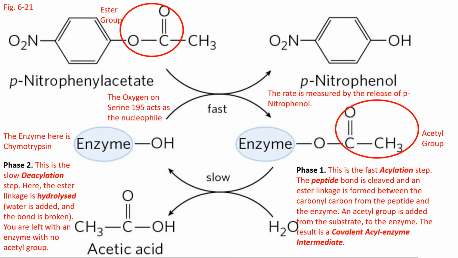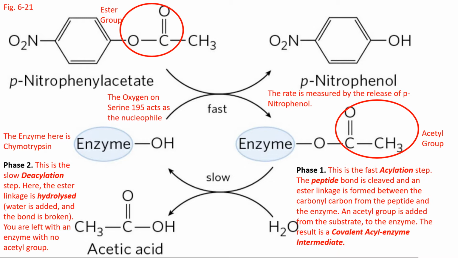So in phase 1, this is the fast acetylation phase. The peptide bond is cleaved, and an ester linkage is formed between the carbonyl carbon from the peptide and the enzyme. An acetyl group is added from the substrate to the enzyme.